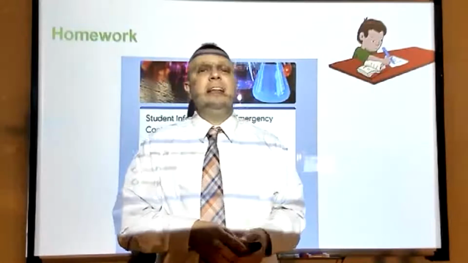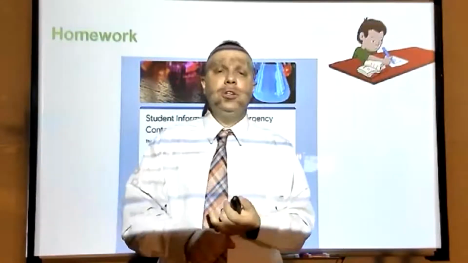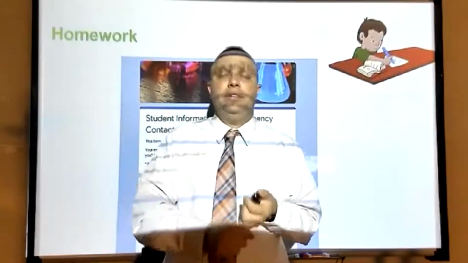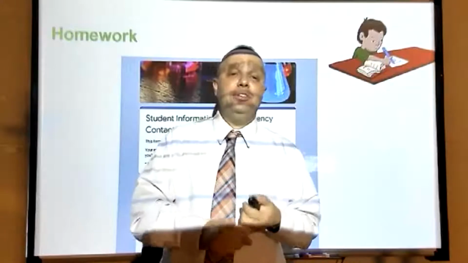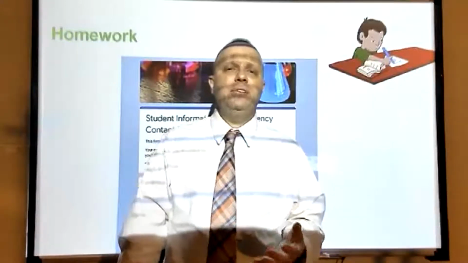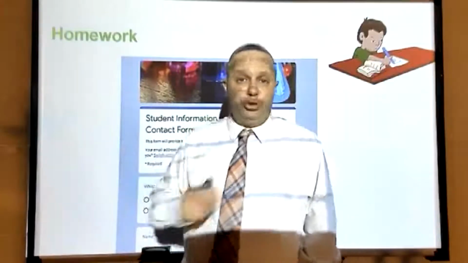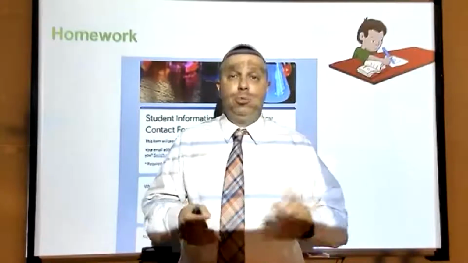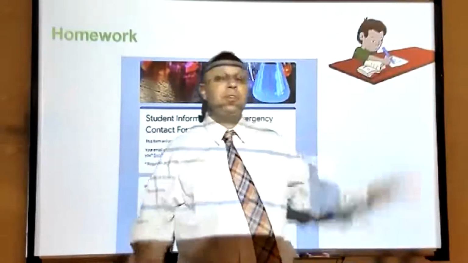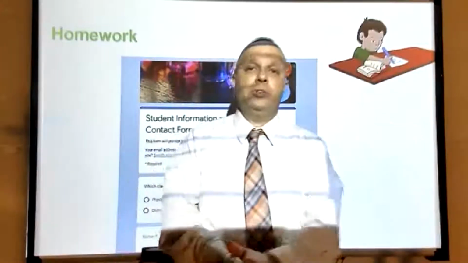This second form asks for different information: who your science teacher was last year, who your math teacher was last year, and some information about sports and activities that you participate in. That's what I'm looking for in this form. Two homework assignments, essentially, if you're watching this now: the Getting to Know You activity, which is worth 10 points, and this student information and emergency contact form, which is also worth 10 points.